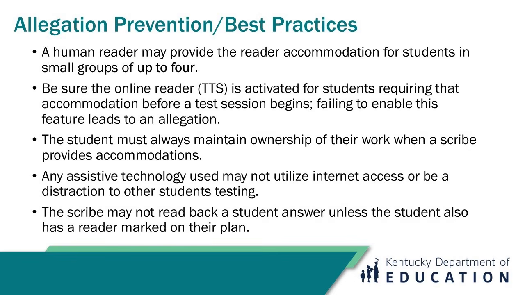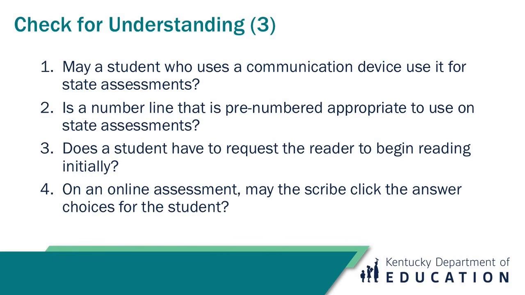When scribing for a student, be sure the student is always maintaining ownership of their work. Any assistive technology used, whether it is a communication device, talking calculator, or other technology, must not utilize internet access. If it may be a distraction to other students, such as the online text reader or a talking calculator, headphones may be used or the student may test in an alternate area.